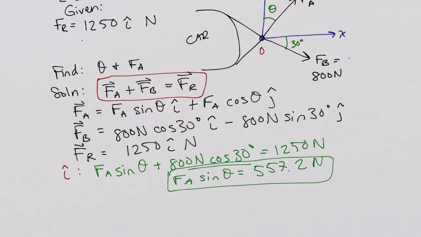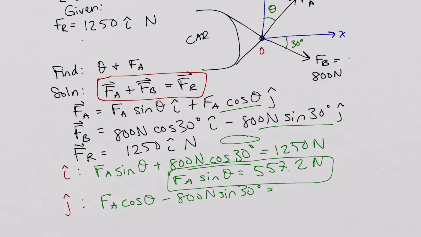So we have one equation with two unknowns, so we need another equation. So now we're just going to do the j component. And with that we have FA cosine of theta, so that's that j component. And then this one, minus 800 newtons sine of 30 degrees, and that equals basically 0.